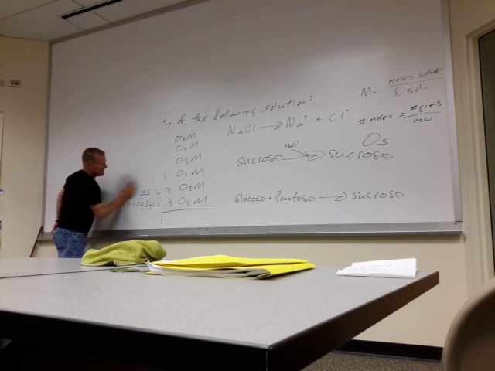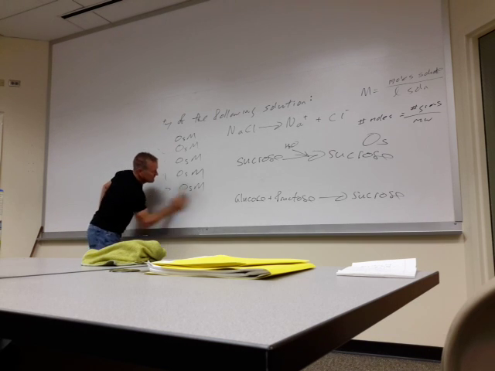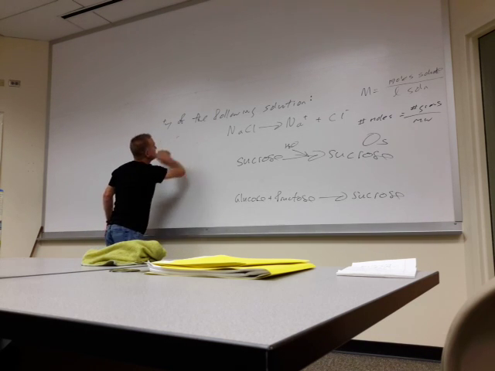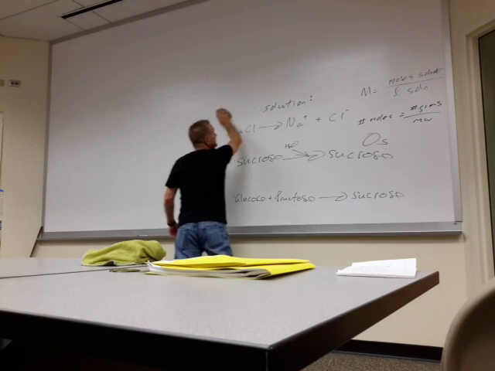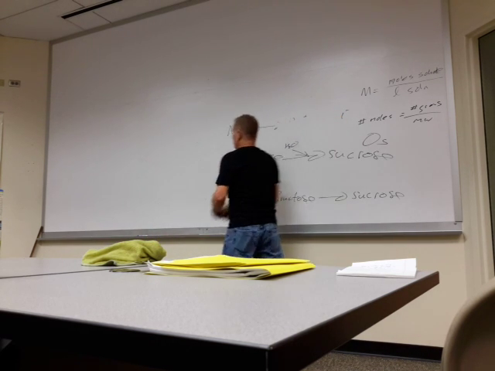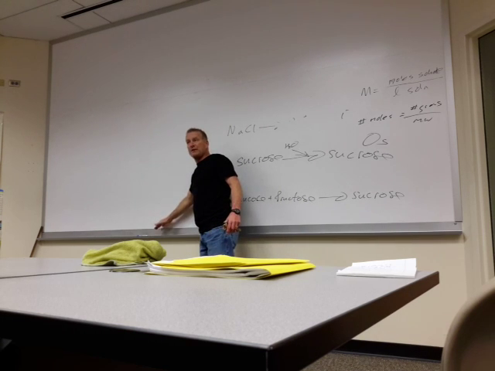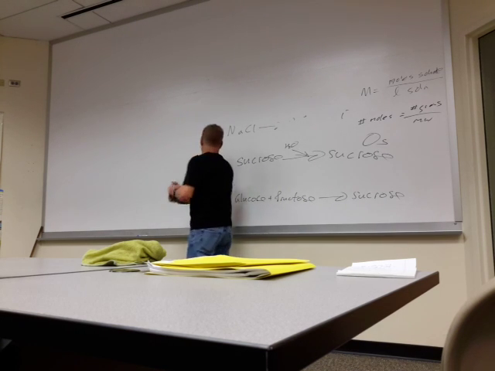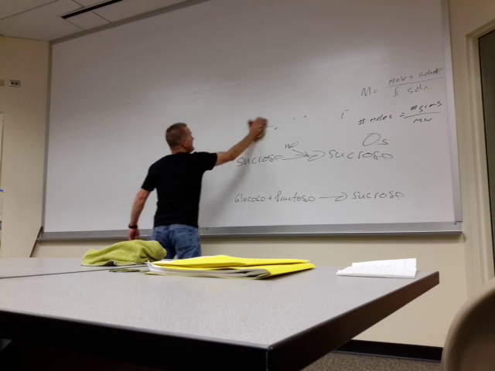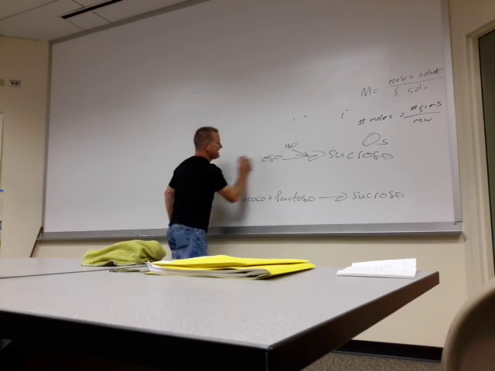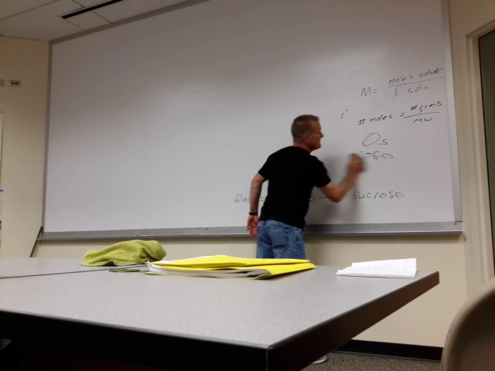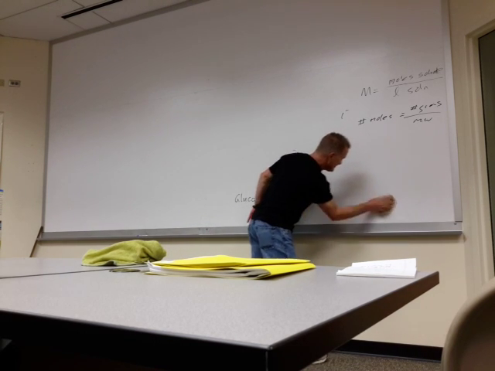I ask you again, do you think that there are a lot of solutes in human blood? Yeah, of course there are. And in addition to the salts and the sugars, when the people that did this for human blood did it, they had to consider the proteins. They had to consider the hormones. Some hormones are proteins.